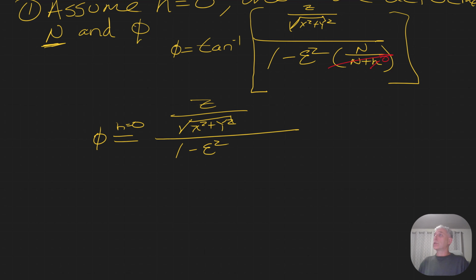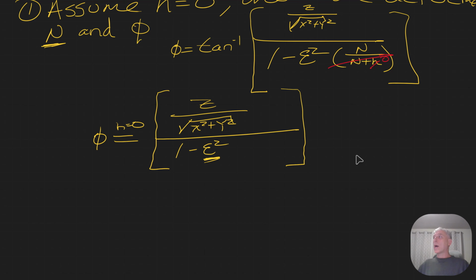We're going to use GRS 80 as we have been, but we could just as easily do this in the Clark 1866 or whatever ellipsoid we want. Remember, there's an infinite number of ellipsoids. We could even invent our own ellipsoid by establishing the flattening and the semi-major axis distances, and just create a brand new ellipsoid on the fly.